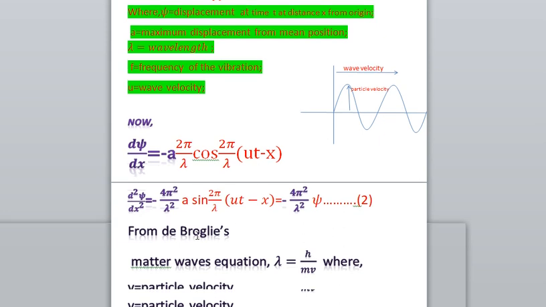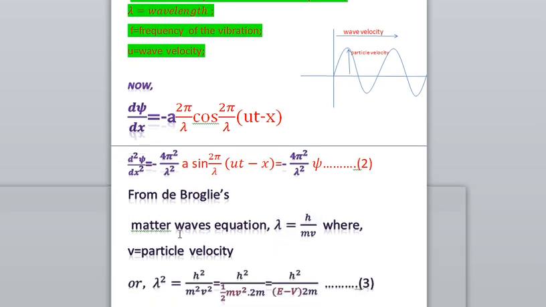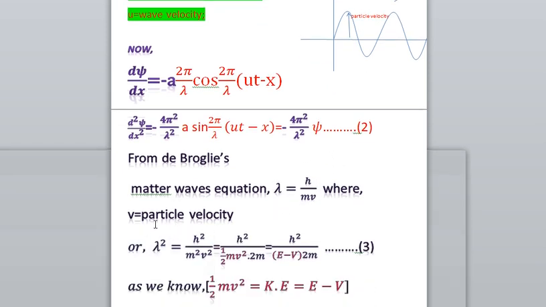From de Broglie's matter wave equation, we know that lambda equals h upon mv, where v is the particle velocity. We previously talked about particle velocity. This is the particle velocity.